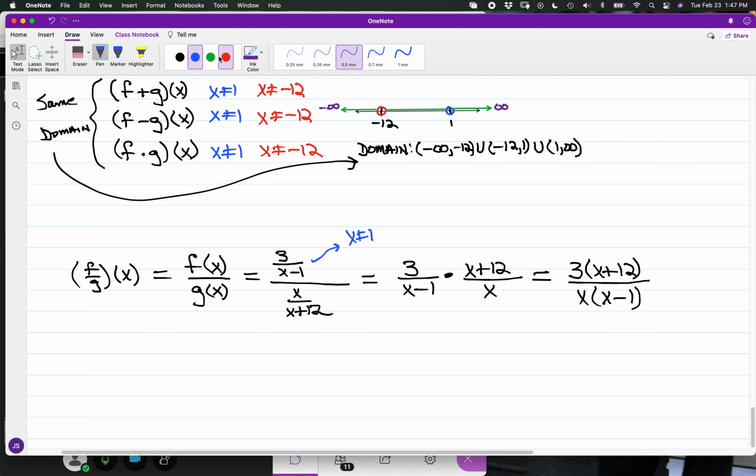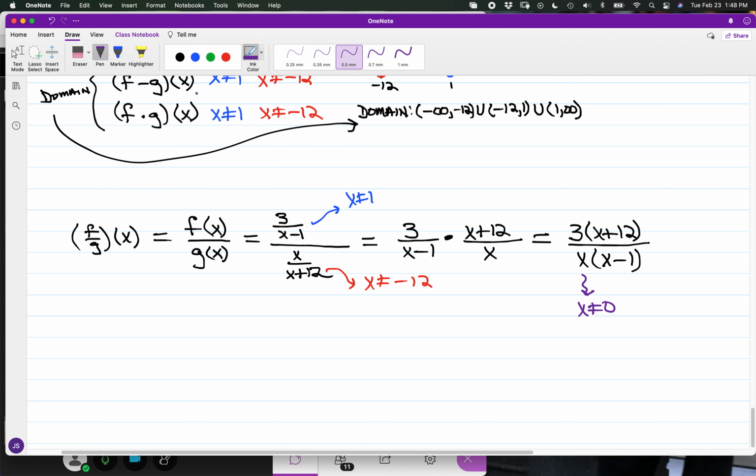Likewise, for x over x plus 12, I cannot have a 0 denominator, so I still have the same restriction for g of x. But having flipped this bottom fraction, what was the numerator x from g of x is now on the bottom. So we now have 0 left out. You have the restrictions for the quotient function from f of x and g of x, and then that tertiary restriction from having taken the reciprocal of the denominator fraction, where we now have 0 also excluded.